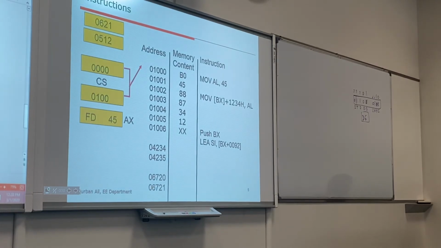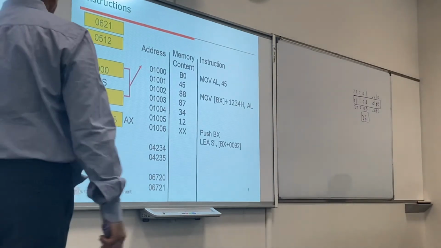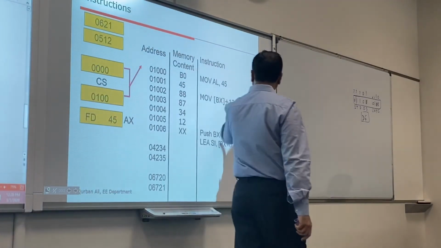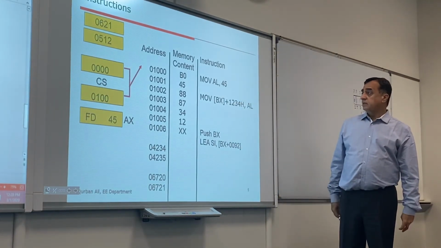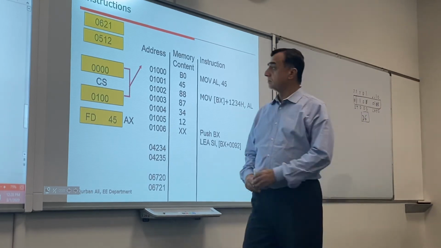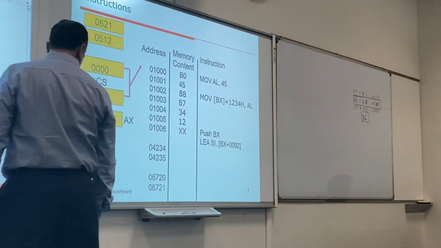What is next? Move from AL to memory, right? AL is 45, and what is the memory? Do we have the DS? This is the DS.